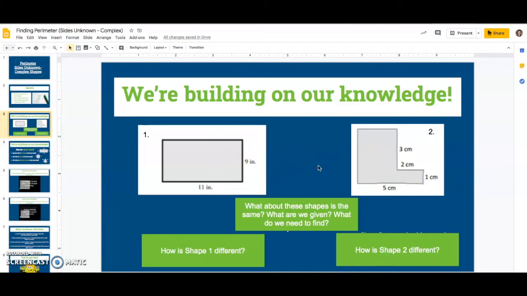But let's look a little bit more closely, right? What information are we given and what do we need to find? Again, think in your brain. If you need to pause, totally okay.